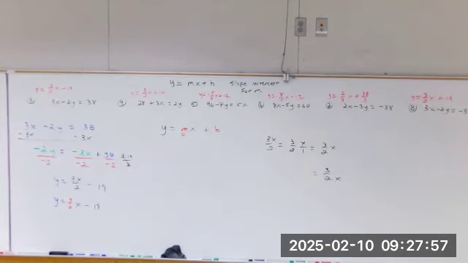I'm telling you right now, it matters. You need to be cognizant of what you write. Everything does matter when it comes to mathematics. The details matter. If you don't pay attention to the details, that's why we get things wrong.